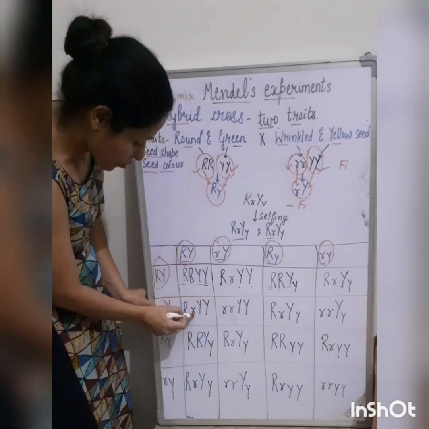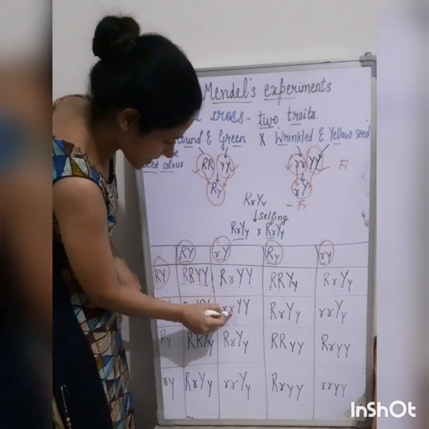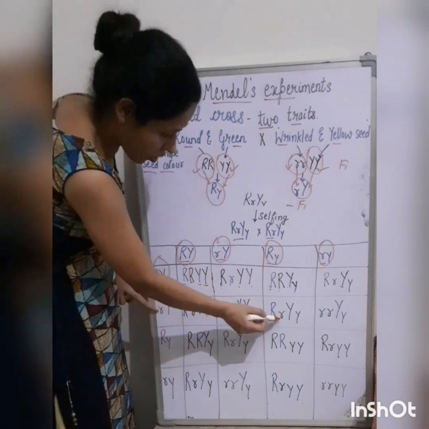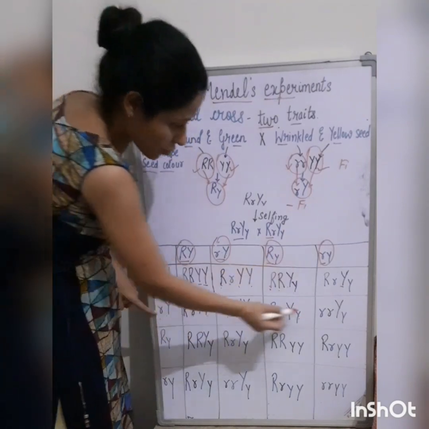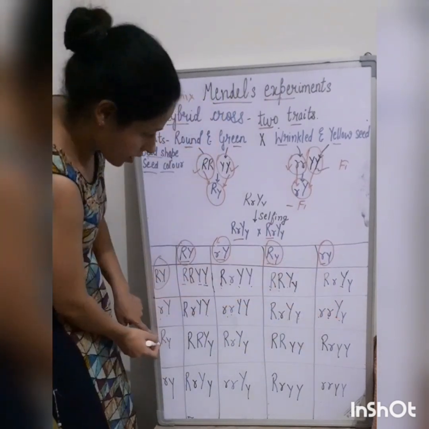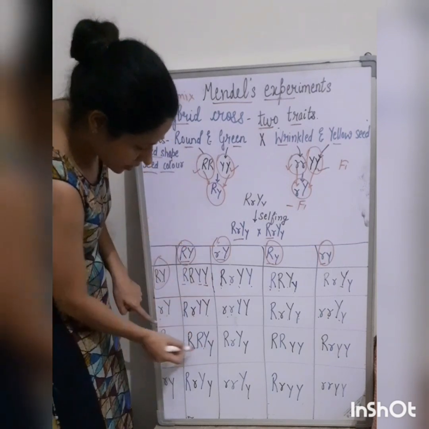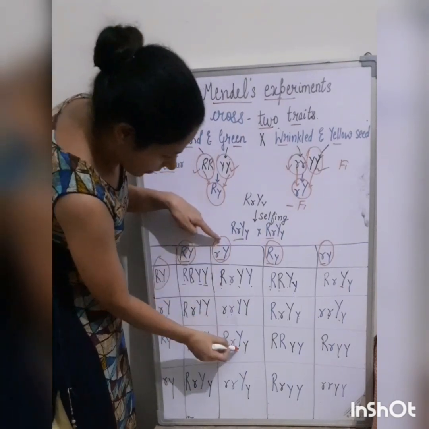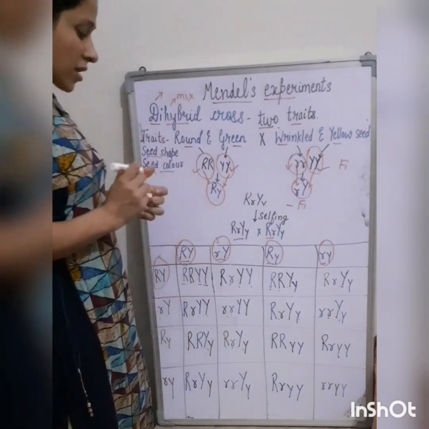Capital R, small r, capital Y, capital Y. Small r, capital Y, capital Y. Capital R, small r, capital Y from here and small y. Small r, capital Y, small y. Capital R and capital R, capital Y and small y. Capital R, capital Y, small y. Similarly, you can find out for all of these possibilities.